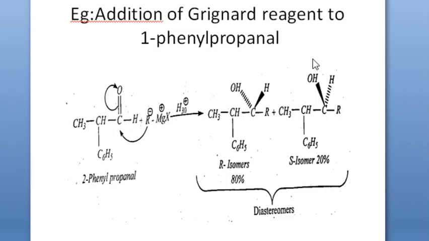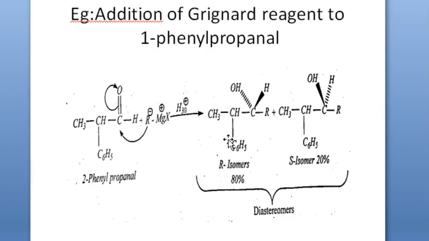So on addition of this nucleophile, followed by hydrolysis, you will get what? Alcohol, and that alcohol is having a chiral center. You can see this is having a chiral center. So that alcohol with OH on a dotted line, or OH on a wedge, will produce R and S isomers. Already you are having a stereo center within this molecule, that is 2-phenyl propanal. So this carbon is a stereo center, and this is R configuration.